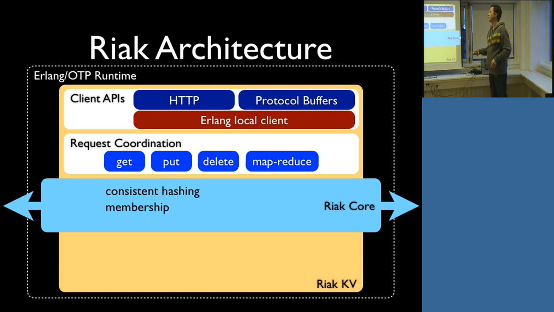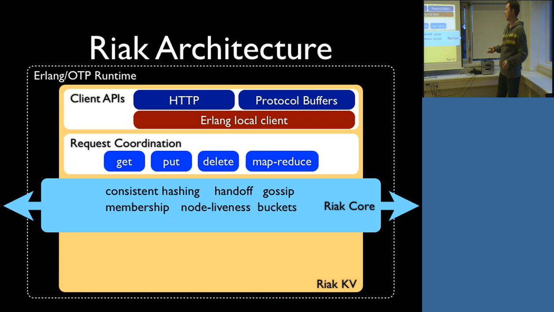And all the complexity of handling that clustered stuff, and there's a lot of it, all that logic around taking responsibility for other nodes' data when they go down, the whole notion of membership, how do the nodes know about each other, how do the nodes know how to route requests, etc., is handled in this library called Riak Core, which is the whole Dynamo model, this loosely coupled, eventually consistent, distributed system.